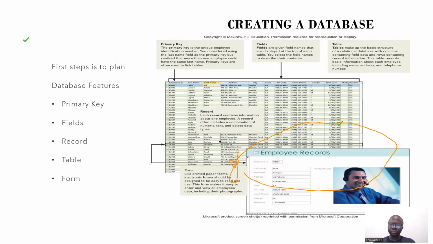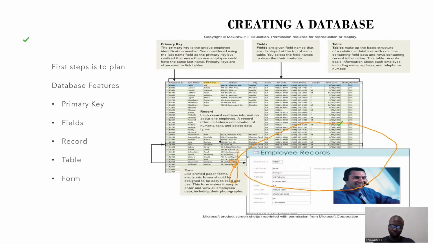Also, it has a field, which are given names that are displayed on top of each table. As you can see here, you have employee number, last name, those things, and so on and so forth. They are all what? Fields. Then you have a table which makes up the basic structure. Everything you can see there is called what?